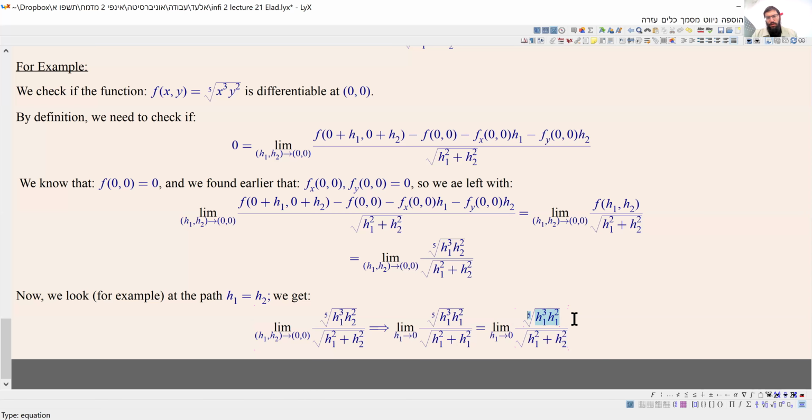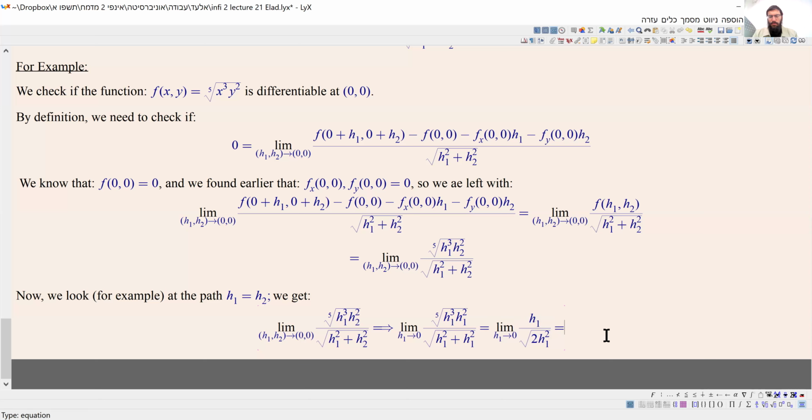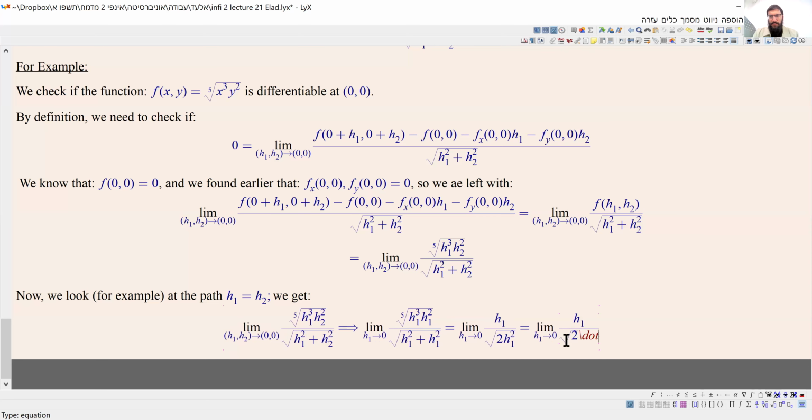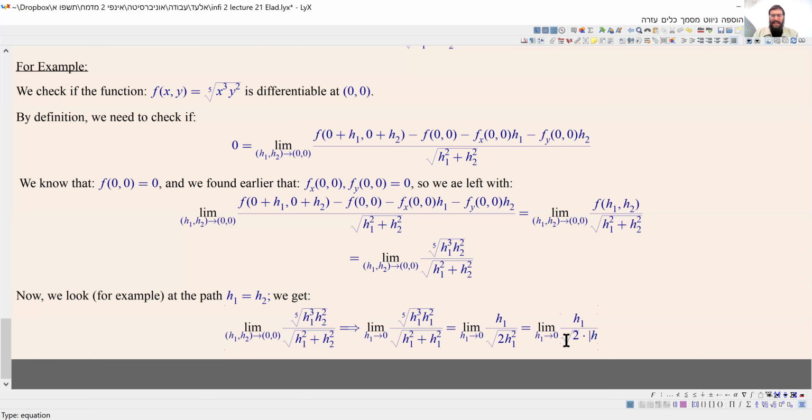Here it's just h1. And here it is 2 h1 squared. Now, first of all, the square root of 2, I can put it outside in the denominator. And secondly, I want to be precise, the square root of h1 squared is the absolute value of h1.